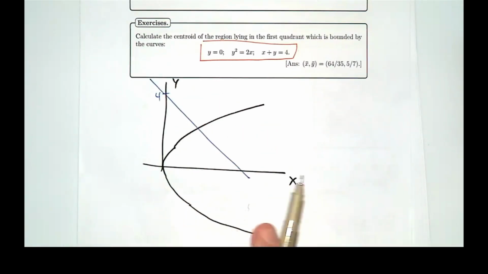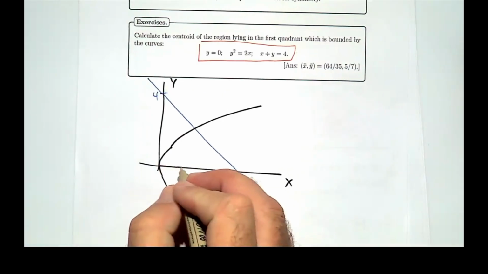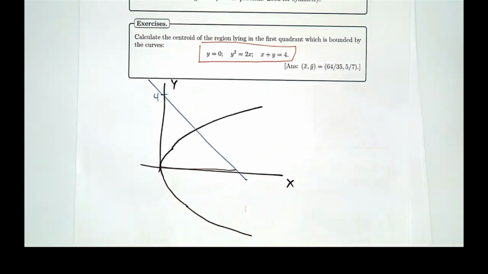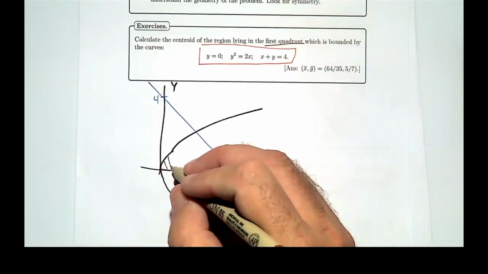And y equals 0 is just the x-axis. So if we look at the region bounded by that in the first quadrant, that's what we want. And we want to find the center of that shaded region.